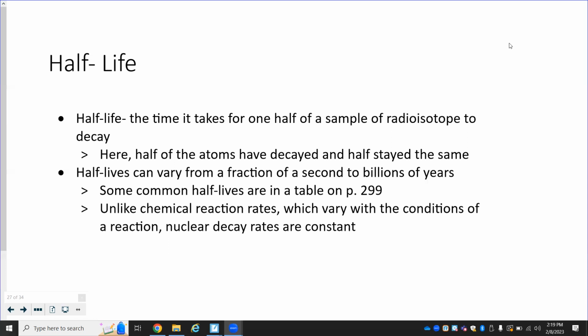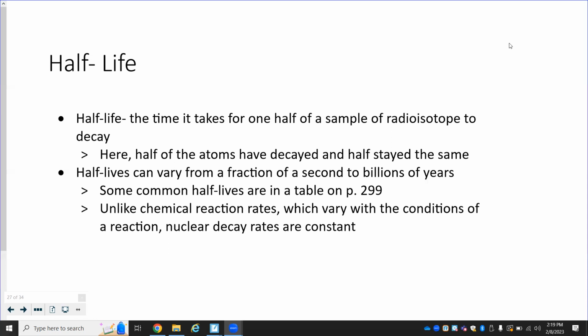And unlike chemical reaction rates, which vary with the conditions of a reaction, nuclear decay rates are constant. So we won't talk about reaction rates until a later unit, but think of if you were trying to cook pasta.